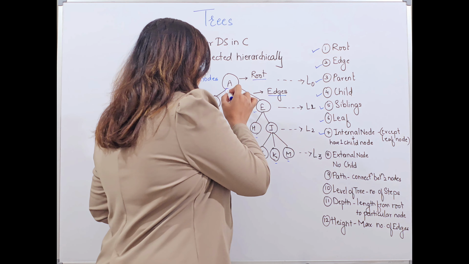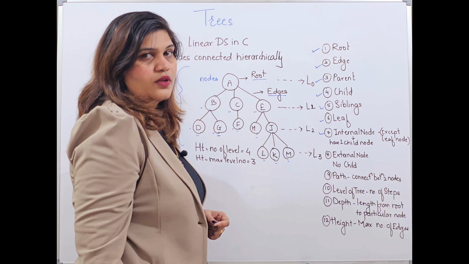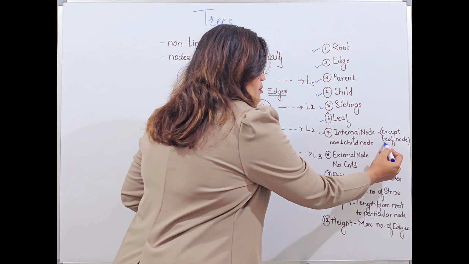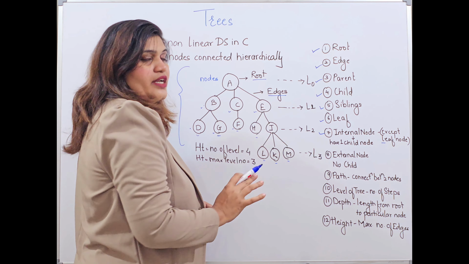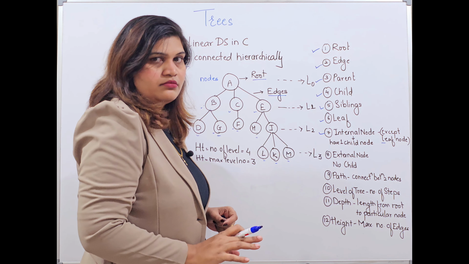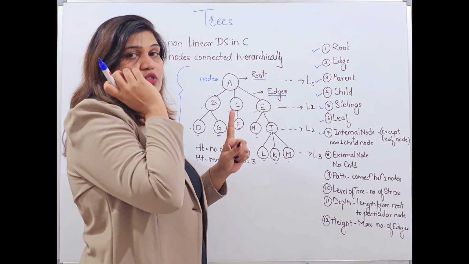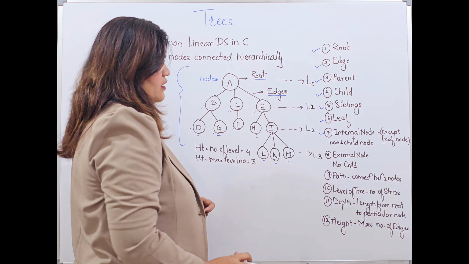And if even one node is connected to that node, we call it an internal node. But except leaf nodes. Why except leaf nodes? Because leaf nodes will not have any child node. That's why leaf nodes are never internal nodes. Internal nodes are nodes which have at least one child node.